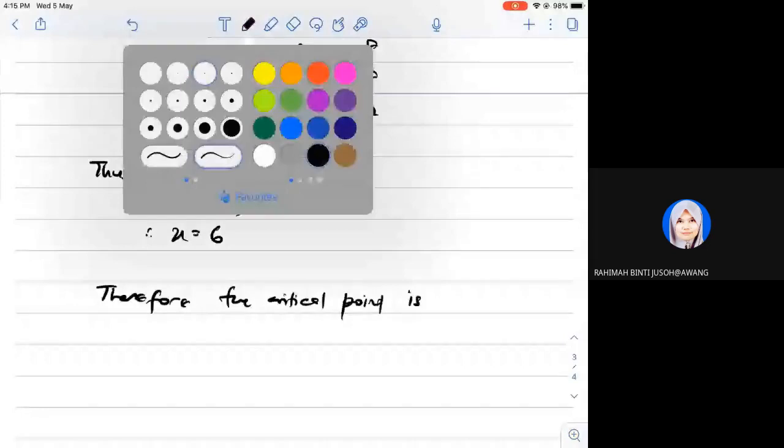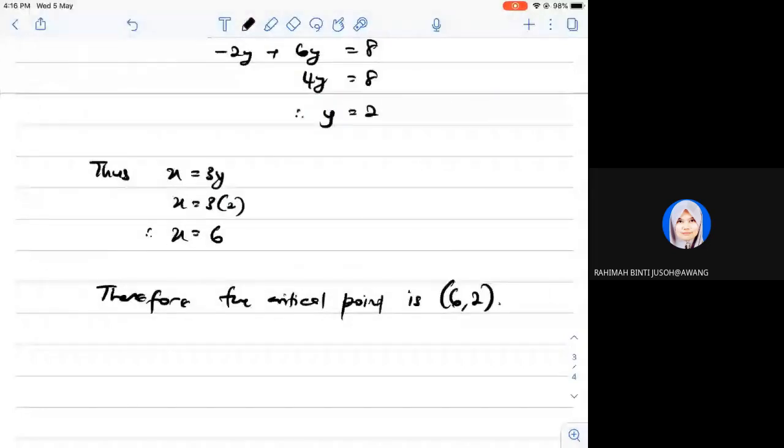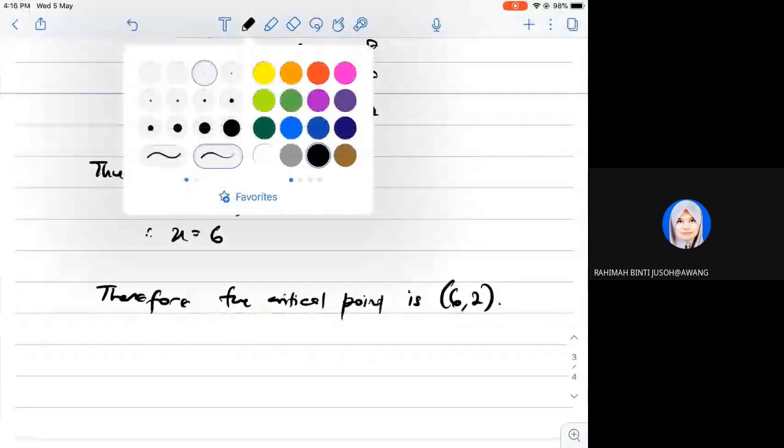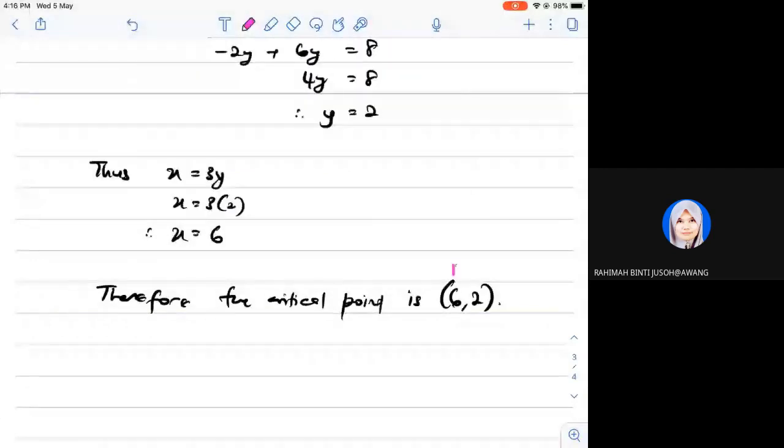So make sure you are careful in the final exam. Don't reverse it. So this is X, this is Y. Okay, so now next step, second step.